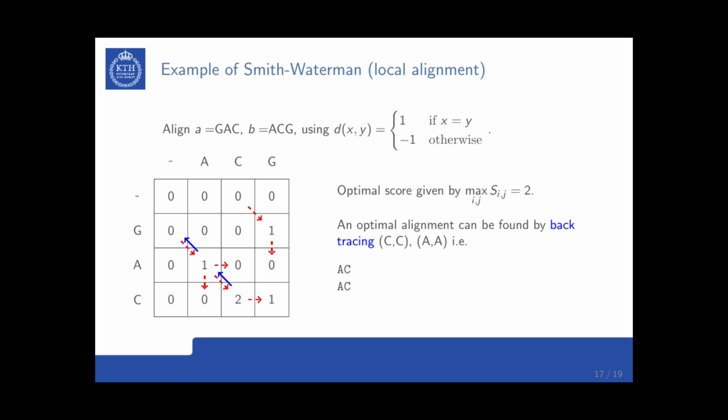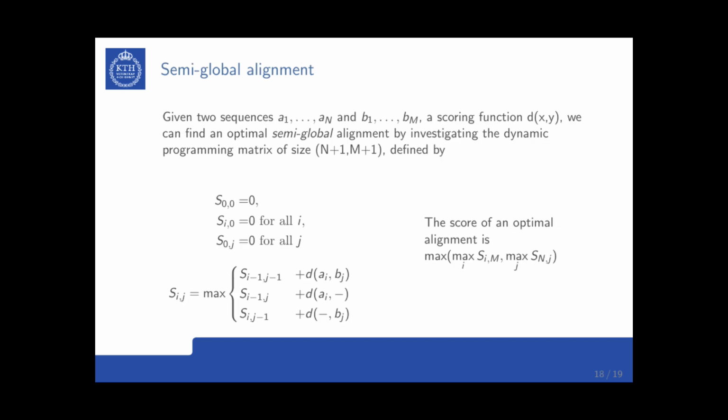We also have the possibility to calculate semi-global alignments. The algorithm is looking similar. The initiation is the same as for the Smith-Waterman. However, the recursion is the same as for Needleman-Wunsch.